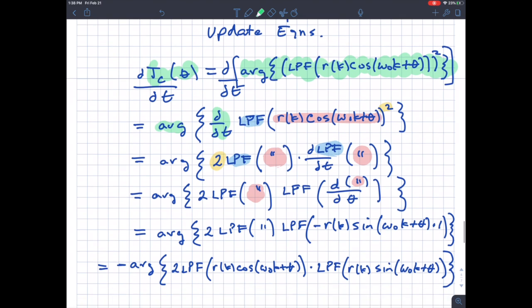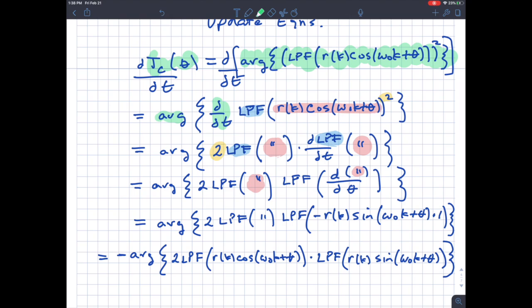When I'm looking at this derivative, I'm taking the derivative of the low-pass filter squared. So low-pass filter, all this stuff first, and then square. If you're applying the chain rule, then essentially the inside is all the stuff that has the low-pass filter on it.